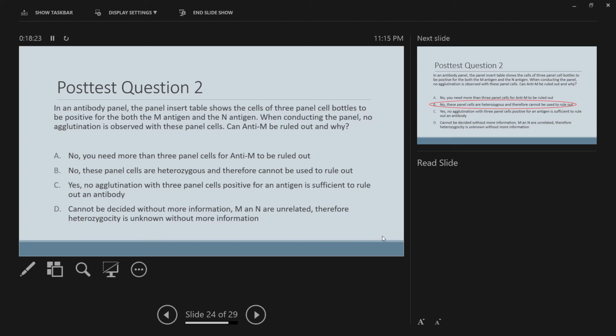B, no, these panel cells are heterozygous and therefore cannot be used to rule out. C, yes, no agglutination with 3 panel cells positive for an antigen is sufficient to rule out an antibody. Or D, this cannot be decided without more information. M and N are unrelated, therefore heterozygosity is unknown without more information.